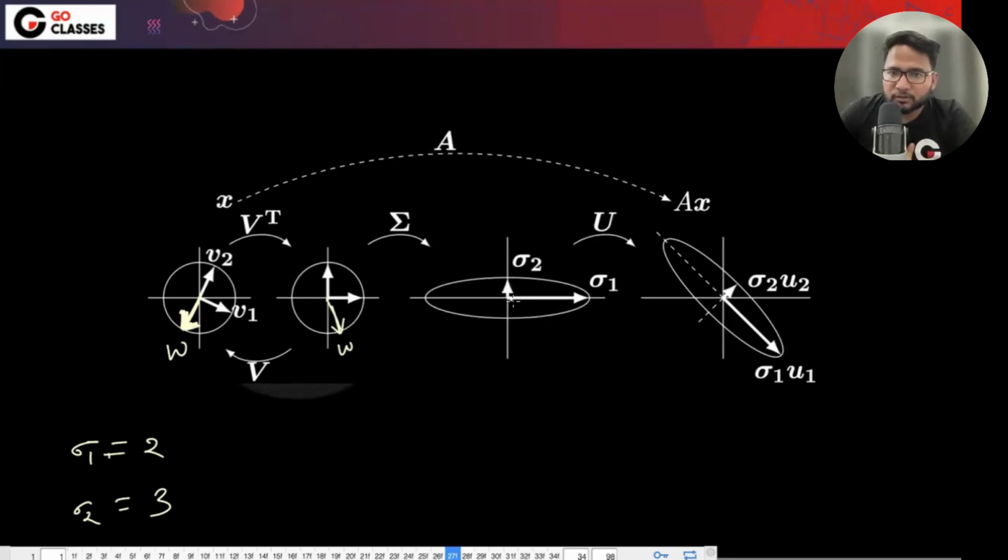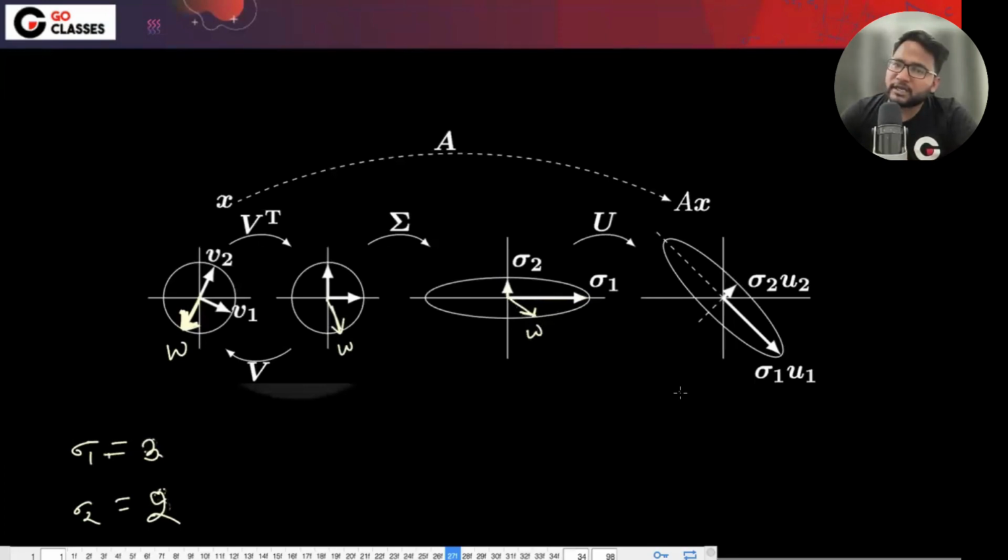if this is, let's suppose, again w. So as you can see on this ellipse, sorry, this sigma 1 is, let's suppose, 3, and sigma 2 is, let's suppose, 2. So this is 3, 2. If you see this ellipse, let's suppose this is 3, this is 2. Now what do you think the length of w is?